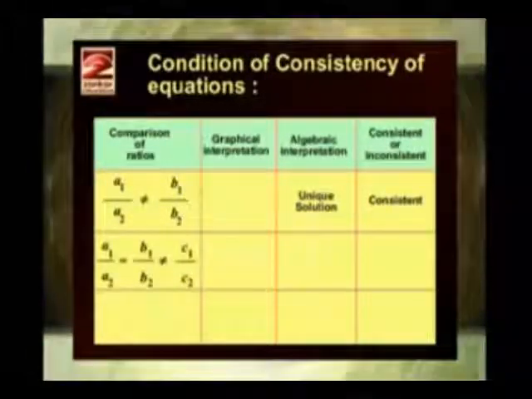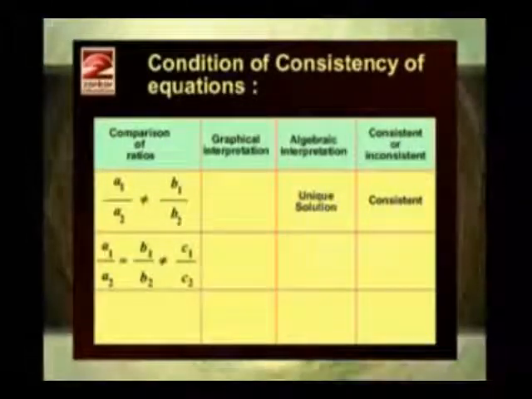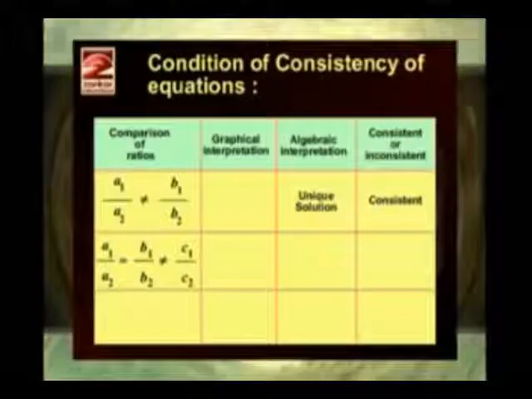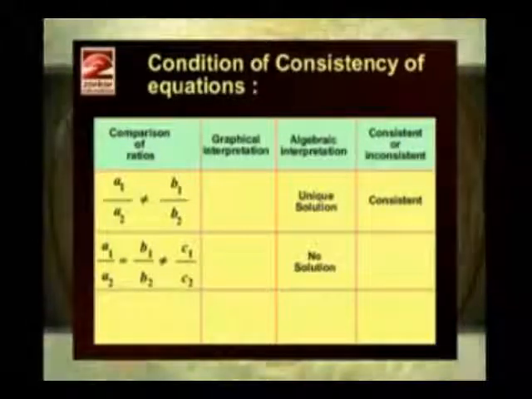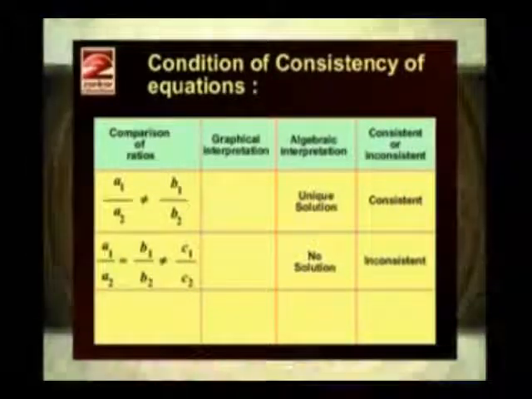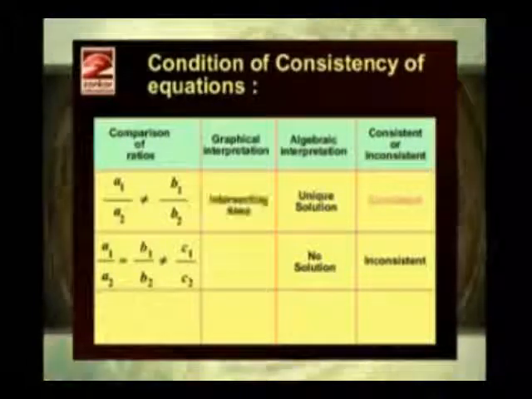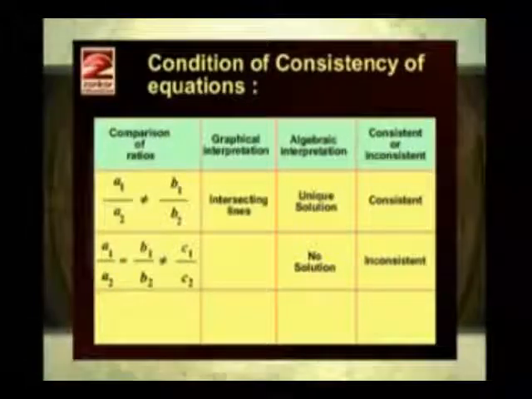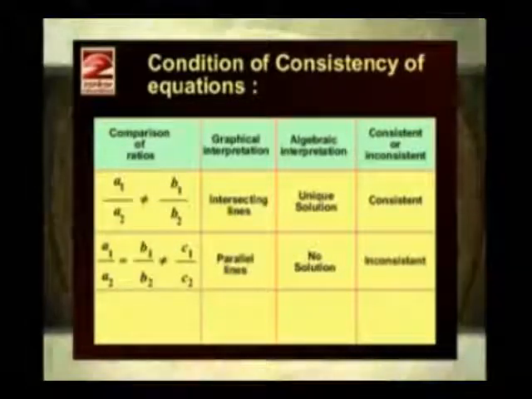When a1 upon a2 is equal to b1 upon b2 is not equal to c1 upon c2, there is no solution and the equations are inconsistent. That means, when the equations are consistent, there are intersecting lines, and when they are inconsistent, the lines are parallel.